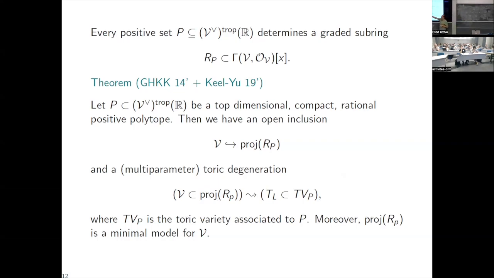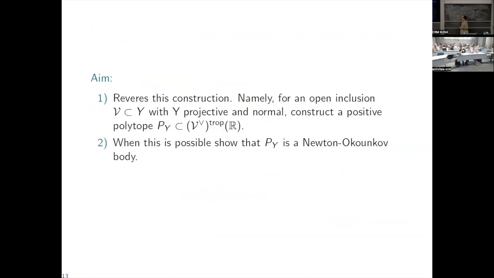This is multi-parameter, so I can deform my ring using many parameters to reach this ring, and so this variety collapses to this torus. Okay, so that's the picture.